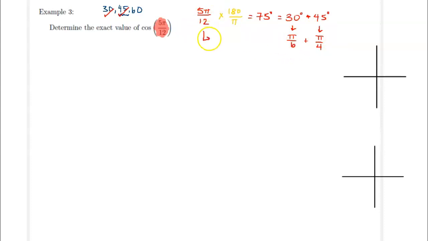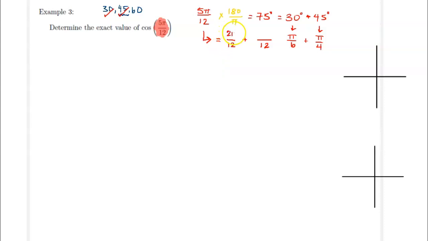And let me actually show you how that could have been done without converting it to degrees. So I could have figured out two things with a denominator of 12 that adds to 5. Well, I know that 2 plus 3 is 5.